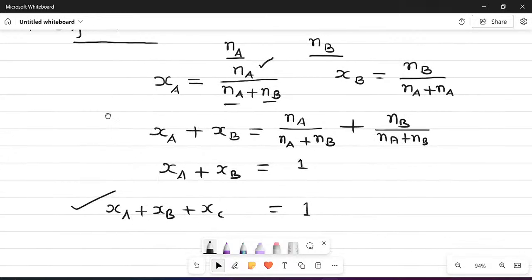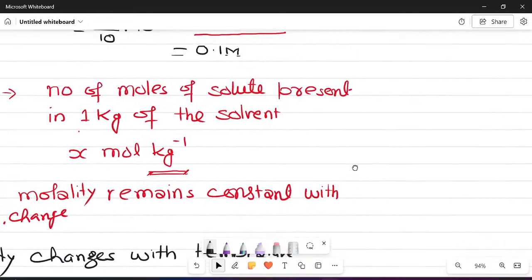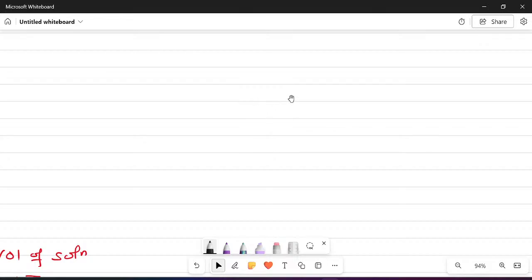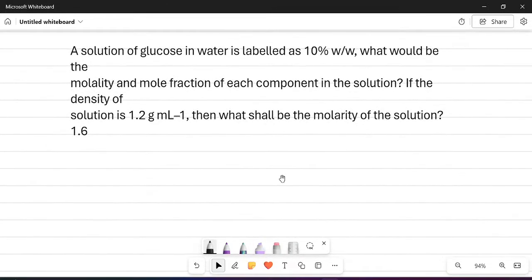So this is how we define molality, molarity and mole fraction. Now let us apply these concepts.